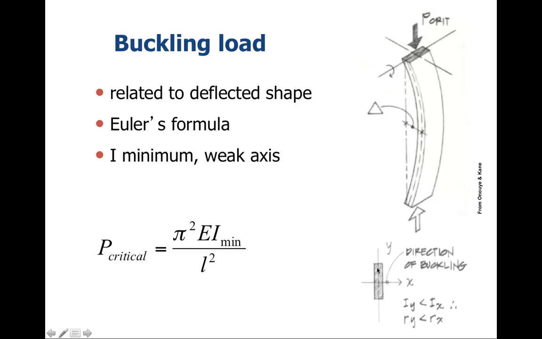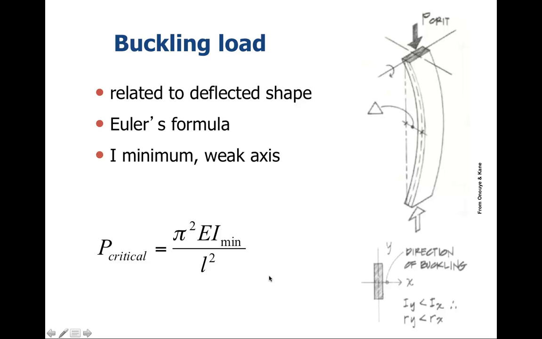So if we have this column right here, we have two axes, the y-axis and the x-axis. So in which case is it going to buckle? It will be strongest along the x-axis and weakest along the y-axis.